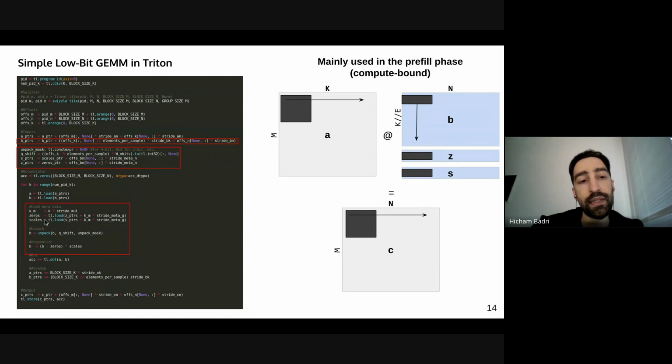The choice of the group size is going to slow down inference for two reasons. The first one is that you're loading more scales and more zeros. The second thing is that, because of the restriction on block size k to be able to load one vector, you would only be able to use a smaller block size k.